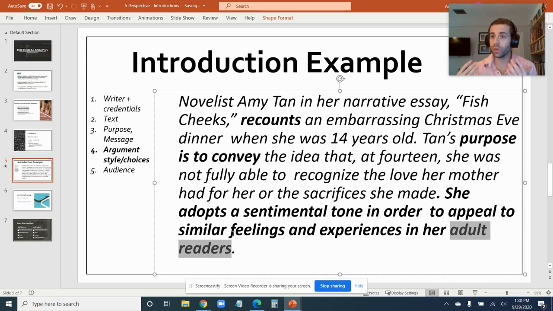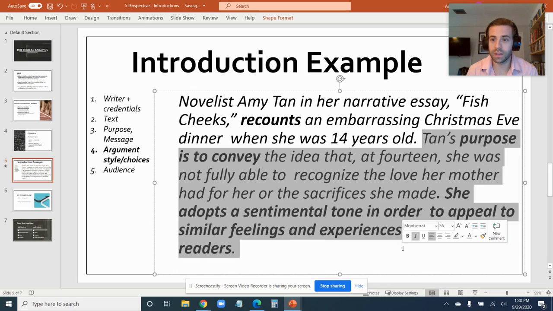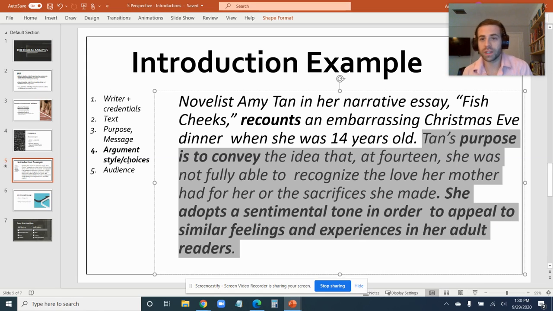This works really, really well for an introduction to a rhetorical analysis, because these couple of sentences have dual purpose in not only recognizing purpose and message and argument style and audience, they're also kind of like your thesis, because these things are arguable and defensible and specific.